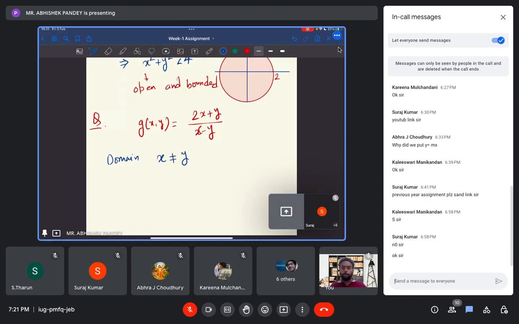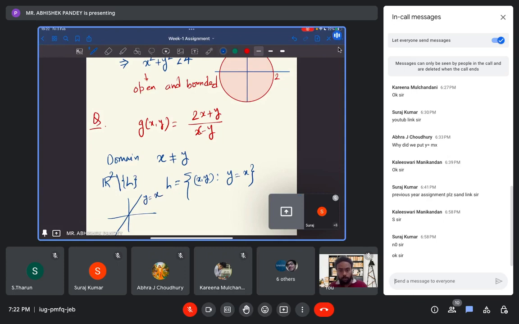Okay, clear? Yes. So in R2 we have to remove the line L, which is x comma y such that y equals to x. Means from this plane we are removing this line, y equals to x. Okay, so this is also not bounded.